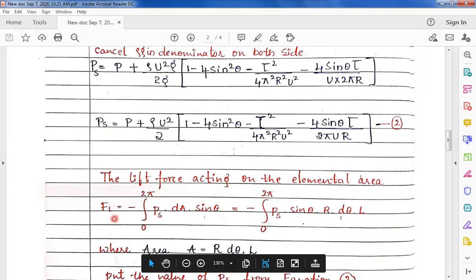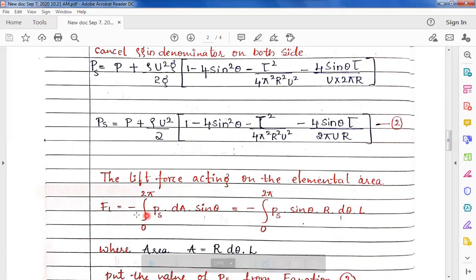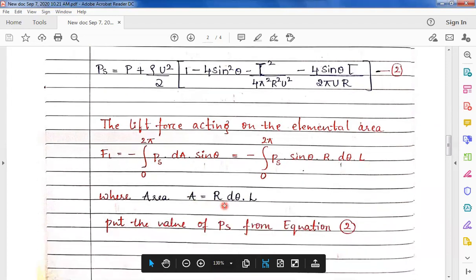Lift force FL is equal to minus integration of 0 to 2 pi ps dA sine theta. Okay, so you get ps sine theta, where this dA area you can write as r d theta into L.